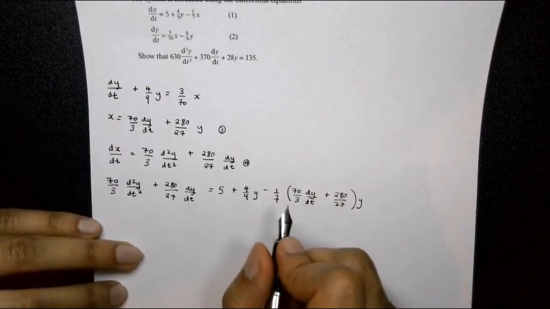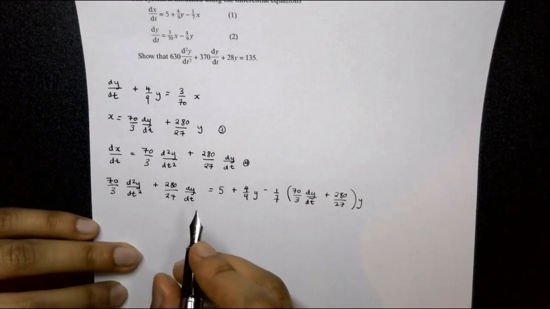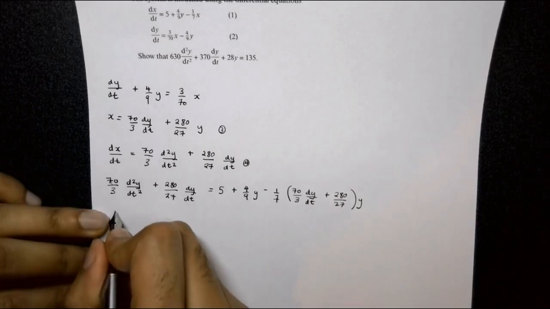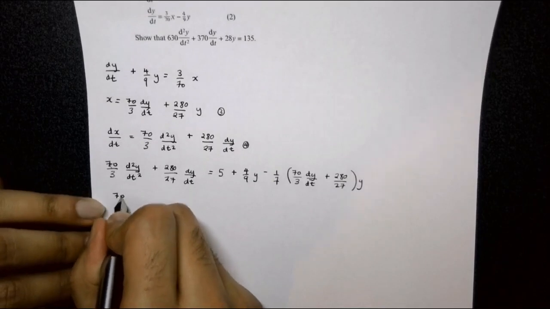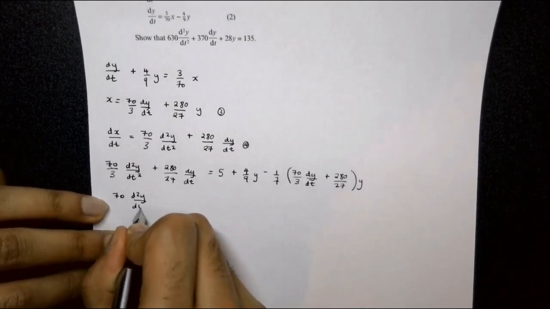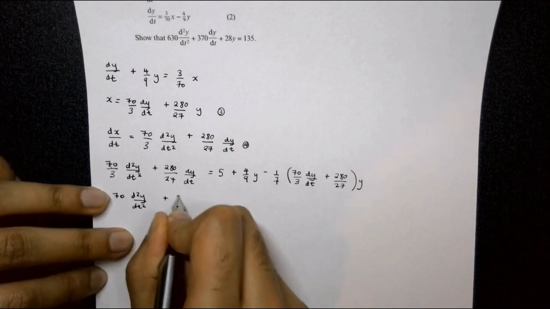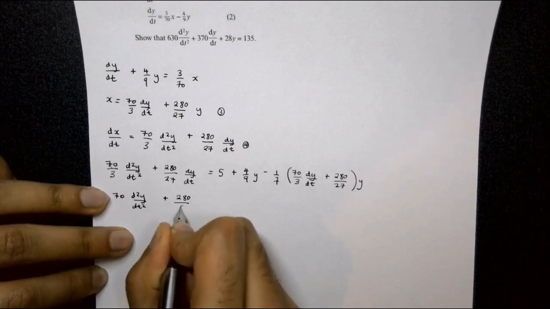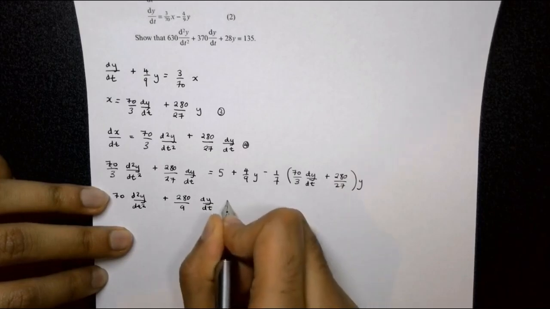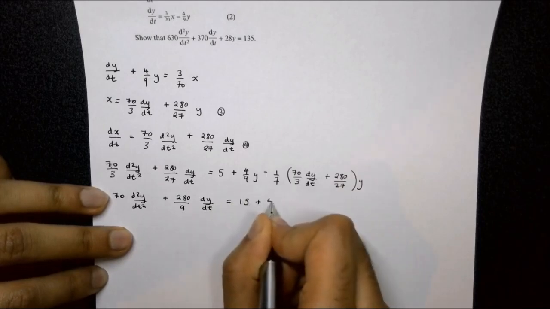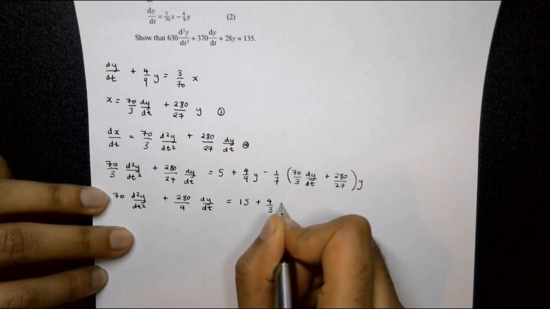So let's multiply through by 3. If we times through by 3, we end up with 70 d²y/dt² plus 280/9 dy/dt. This is equal to 15 plus 4/3 y.